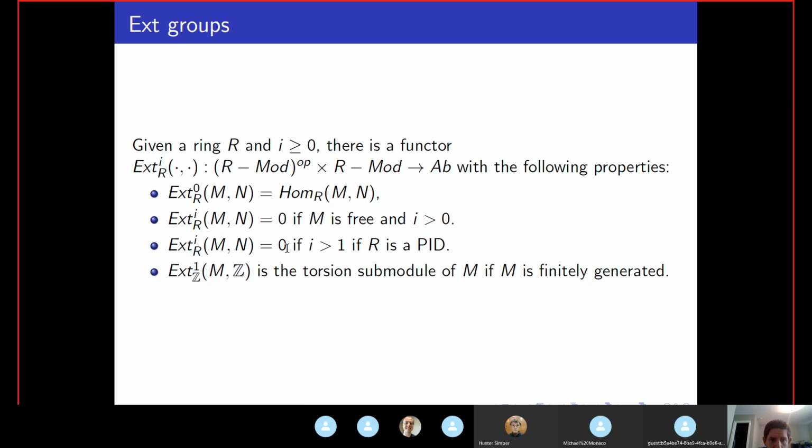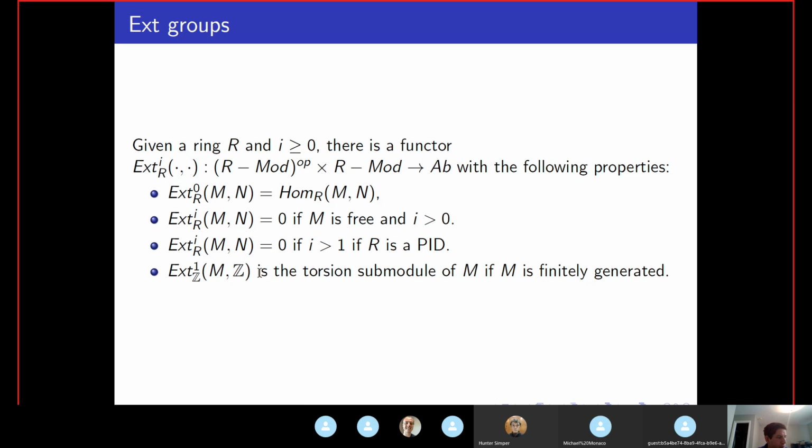Modules over Z are the same thing as abelian groups. So if M is a finitely generated abelian group, then this Ext group is just the torsion submodule of M. Okay, any questions?